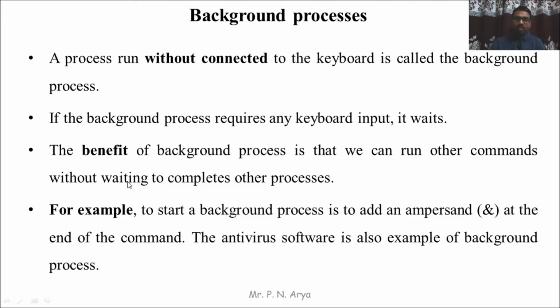The benefit of a background process is that we can run other commands without waiting for other processes to complete. For example, to start a background process, add an ampersand at the end of the command. Antivirus software is also an example of a background process. The antivirus runs in the background on our computer or laptop, so we need not trace its work.